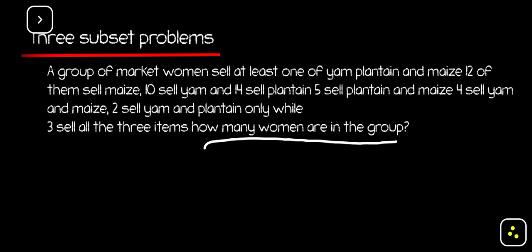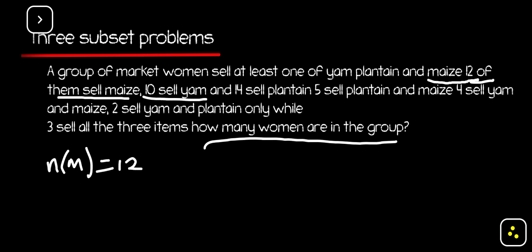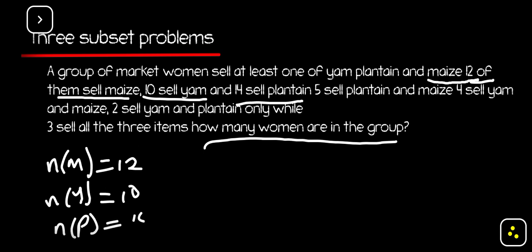Now, number of those that sell maize, 12 sell maize, so we'll say number of those that sell maize is 12. 10 sell yam, so number of those that sell yam, 10. 14 sell plantain, so number of those that sell plantain, 14.